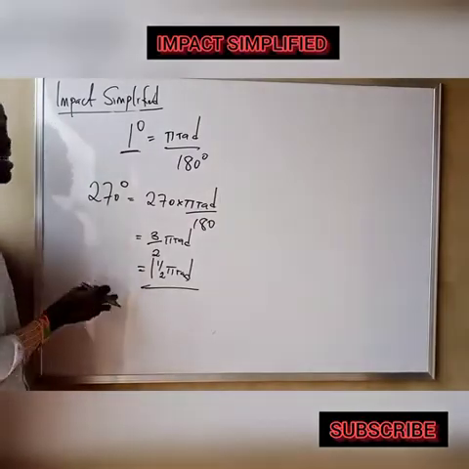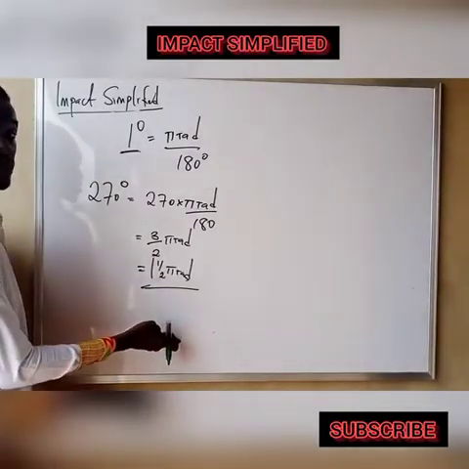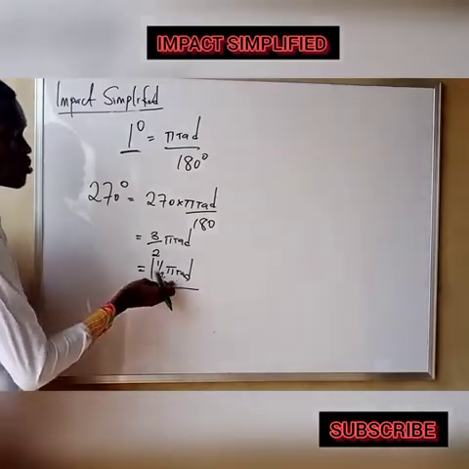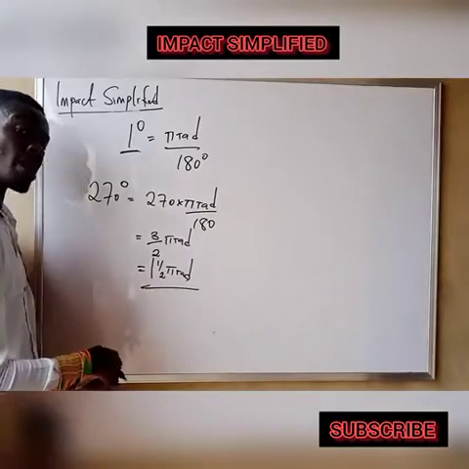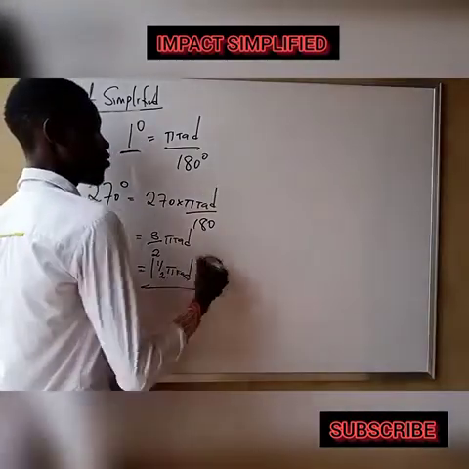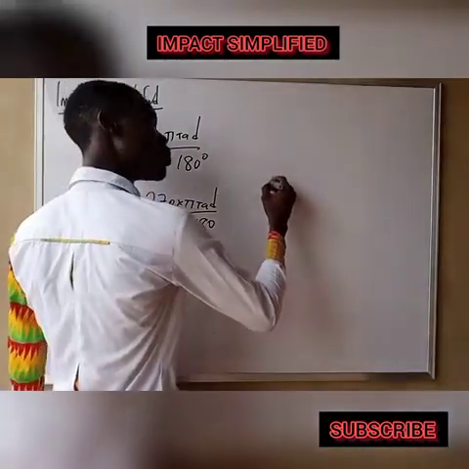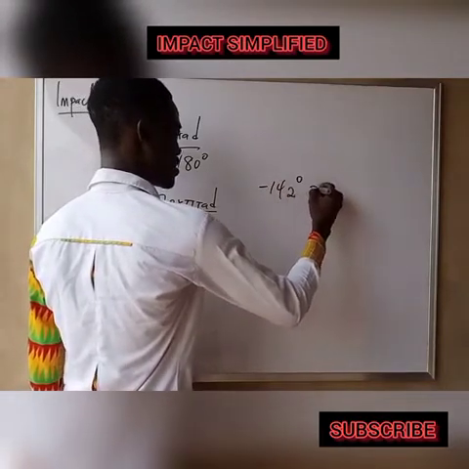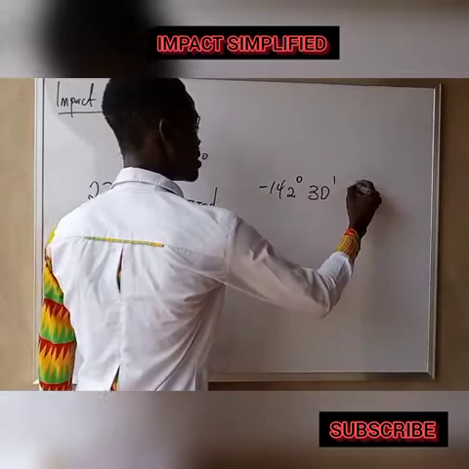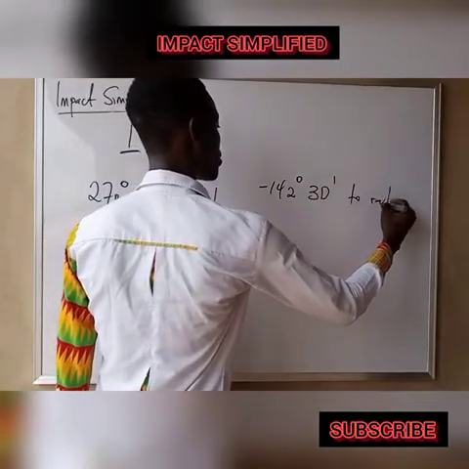Don't forget, it depends on the nature of your final answer. Do we get that? Because we can still solve it by multiplying our 3.142 by 1.5. And for instance, again, let us look at this. We are to convert minus 142 degree 30 minutes to radian.